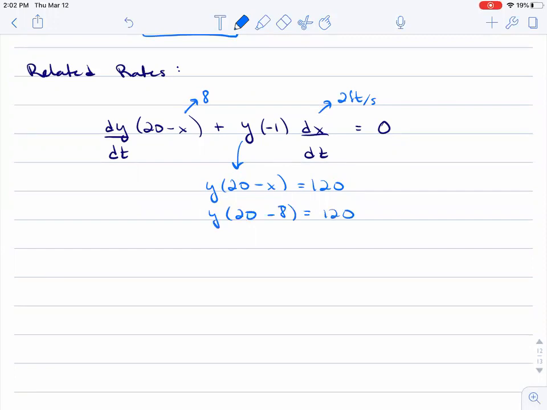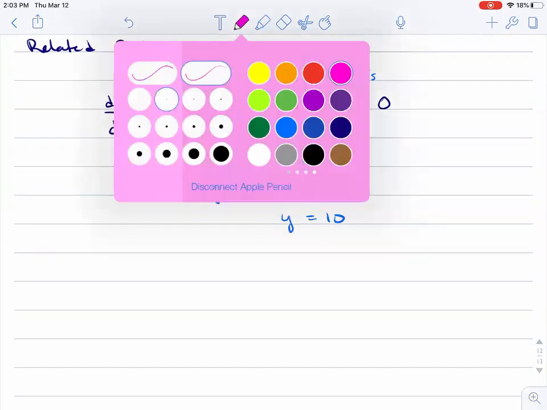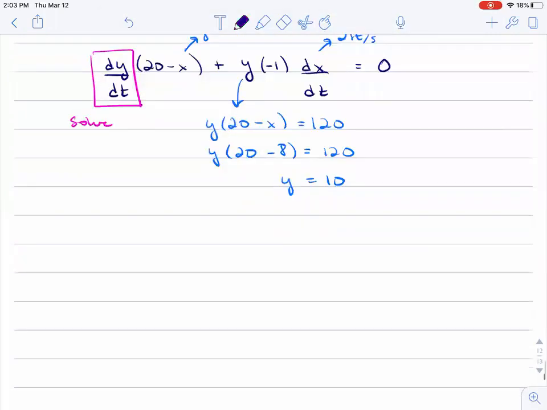So we get 120 divided by 12, so y must be 10. Nice. So the only one that I don't know is dy dt, which is the one I want to solve for.